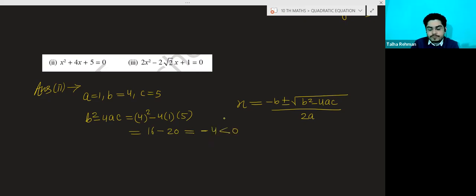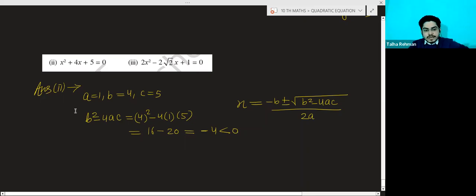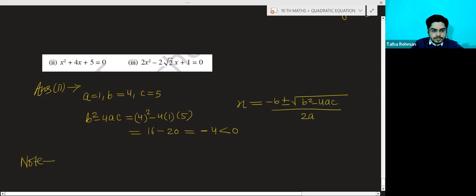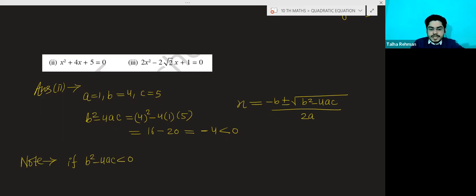Less than 0. Okay. Remember one thing, if the value of B square minus 4AC is less than 0, then no real roots are possible of the given quadratic equation. So note down, if B square minus 4AC is less than 0, then for the quadratic equation there will be no real roots.